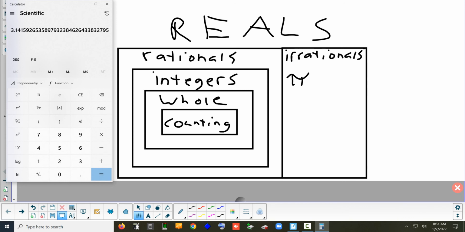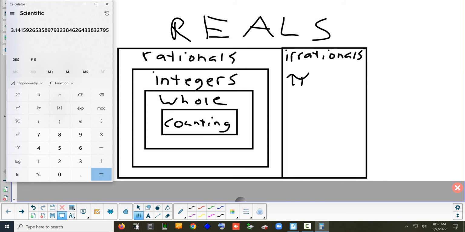And honestly, if you were machining something, pi has to do a lot with circles, circumference. Well, you can certainly machine something on a CNC machine to the nearest thousandth. Maybe you can even do ten thousandths. But would you really need this many decimals? Are you going to be machining something to the nearest hundred billionth of an inch?